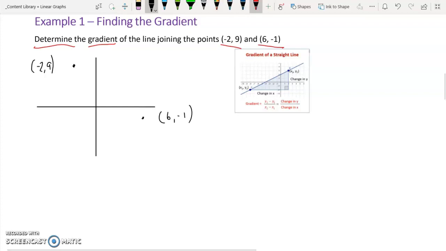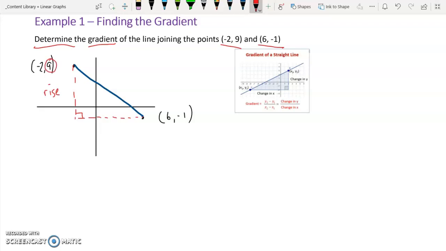Now this is our line segment here, and we're trying to find the gradient of this line. To do this, we need to find the rise over the run. Using the diagram, we have the rise, which is the difference between the y values.